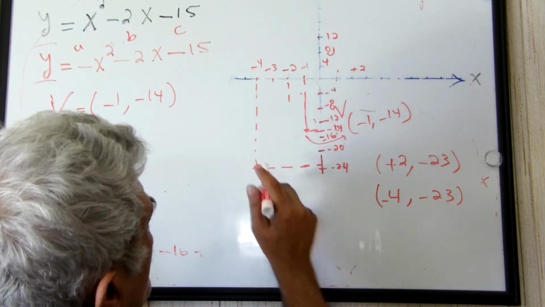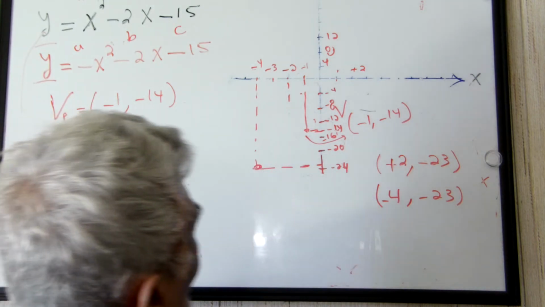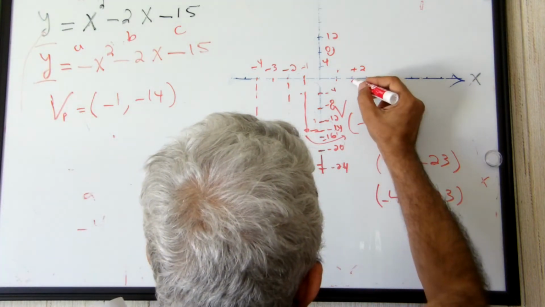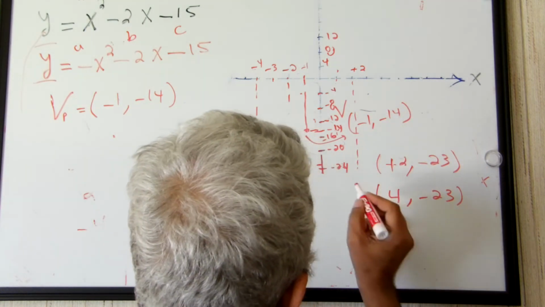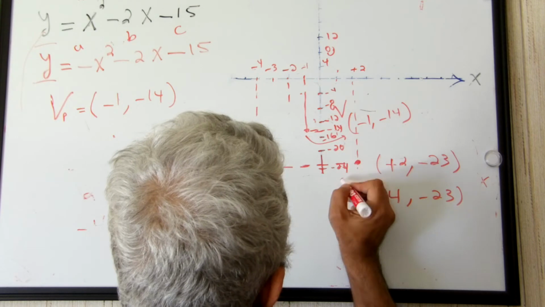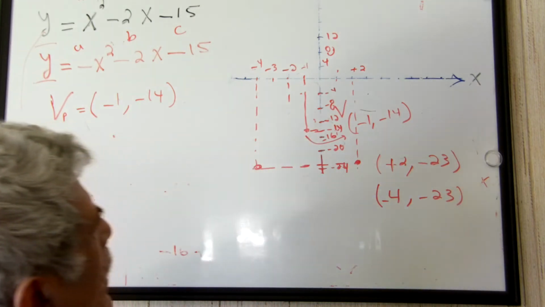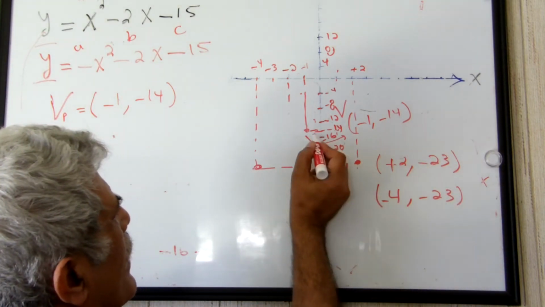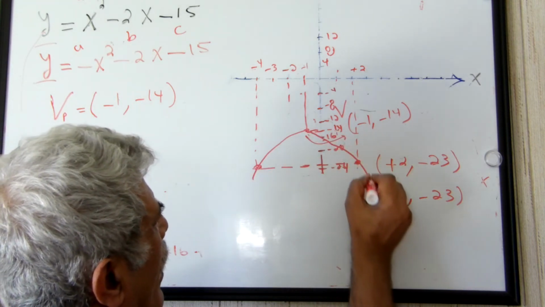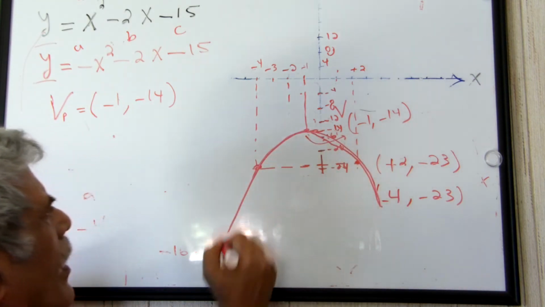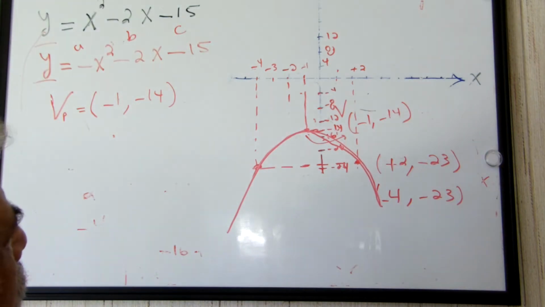The point is here, and the other point is plus 2. Both are minus 23. It's going to be something like that.